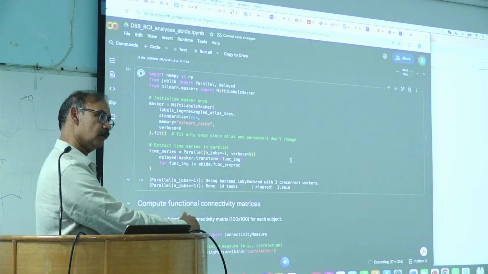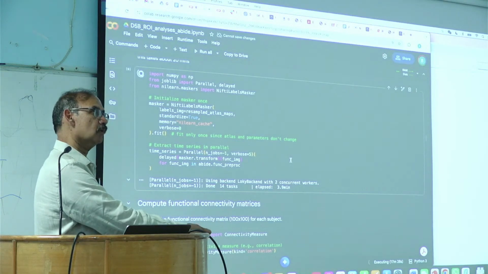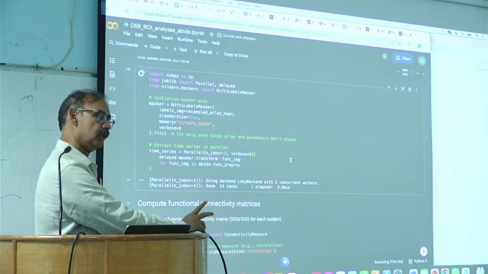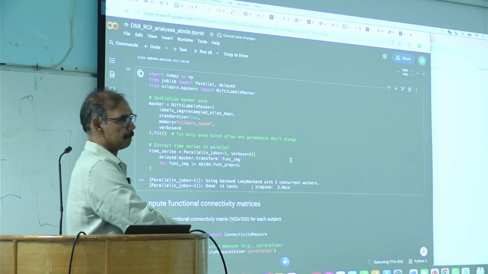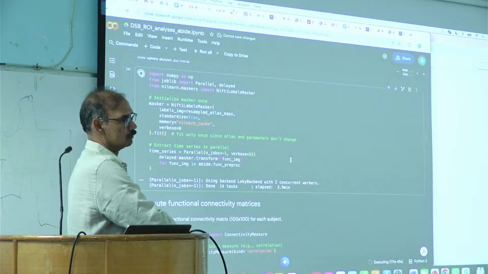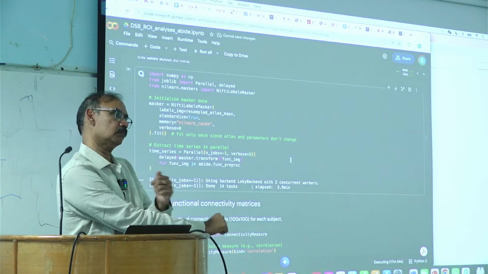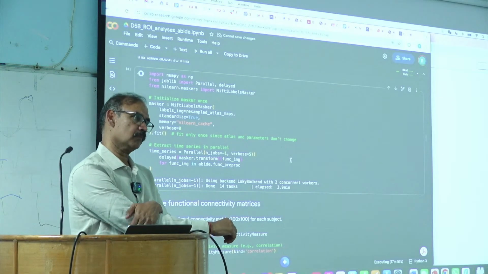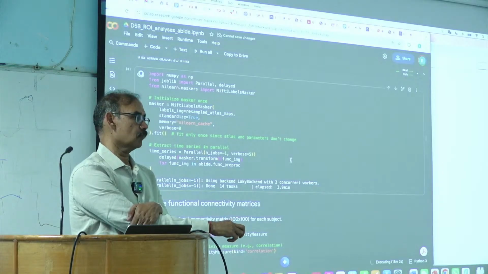Then finding out the difference between the groups, using a t-test, between the severities as well as with the healthy controls. So mild severity of autism compared with the moderate and the severe ones, along with the healthy controls, how much it is different. And specifically, my interest is on the default mode network, how the default mode network differs across levels of severity as well as the healthy controls.